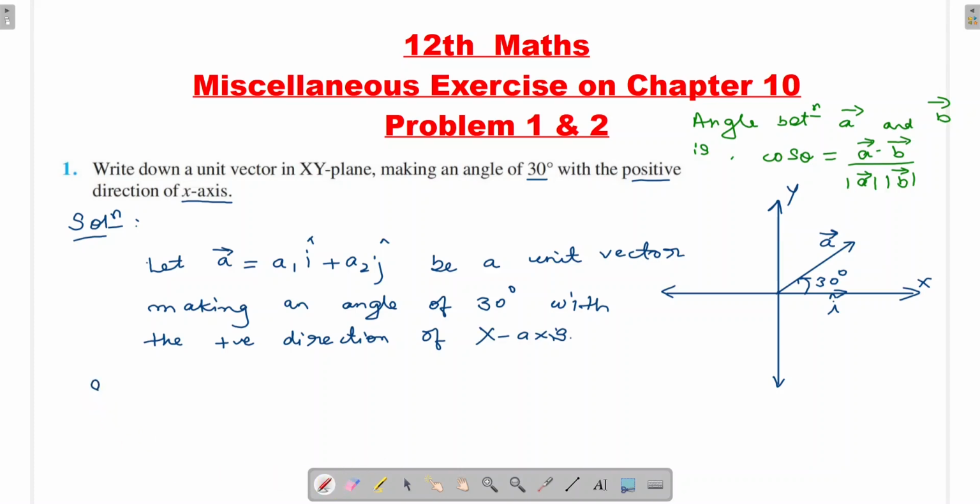So what we can write is the angle between a bar and the unit vector i cap, that is the angle between a bar and the x axis, is 30 degrees.